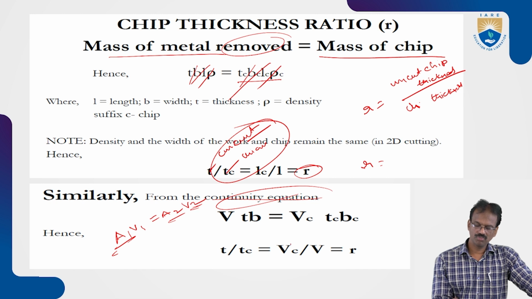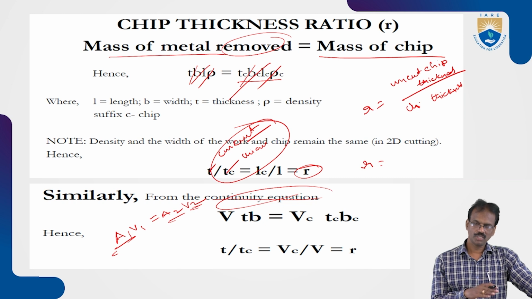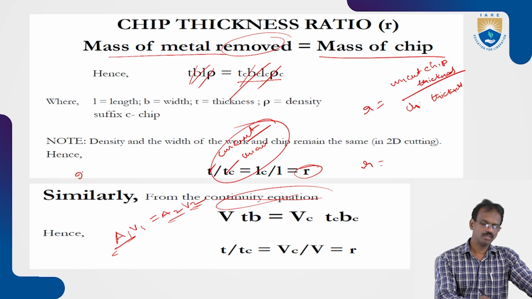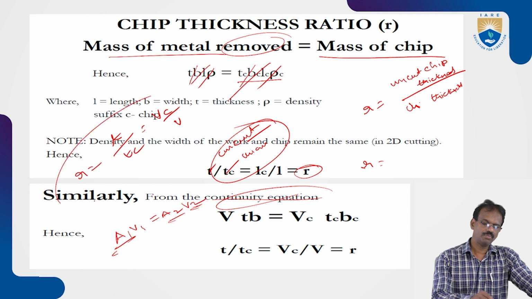By using this formula, you can understand the relationship between the velocities before cutting and after cutting also. Finally, the relationship R is equal to T by TC, uncut chip thickness by chip thickness, which is equal to VC by V, chip velocity by cutting velocity.